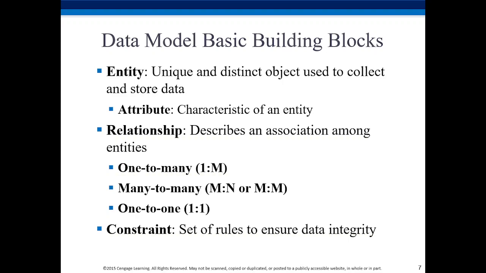Okay, so with the relationship, this describes the association among entities. May different types ng relationships, so one-to-many, so one entity relates to many entities. Many entities relate to many entities, and then one entity is related only to one entity. So may different types of relationships na siya.